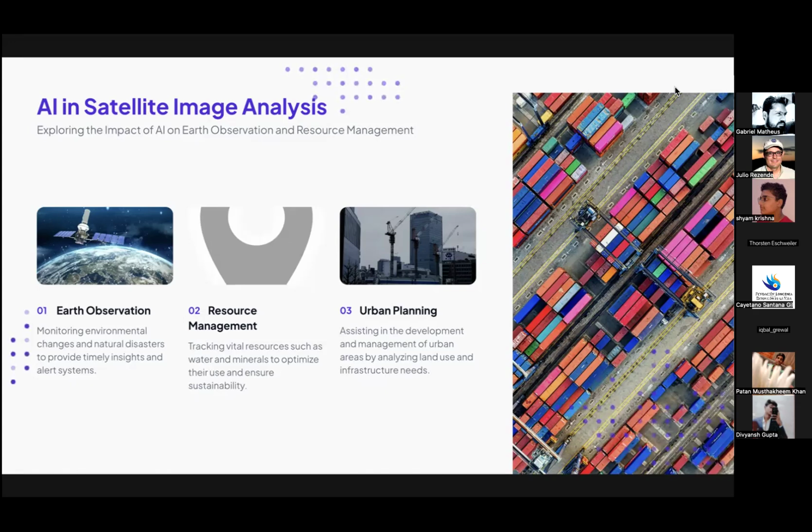For example, if we want to build a very good building, but we are not sure where we can construct it perfectly, then we can leverage the potential of satellites and artificial intelligence so that we can easily predict where we can construct this particular building.